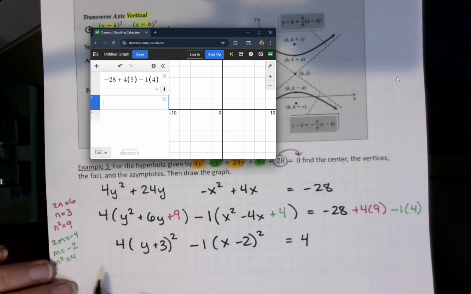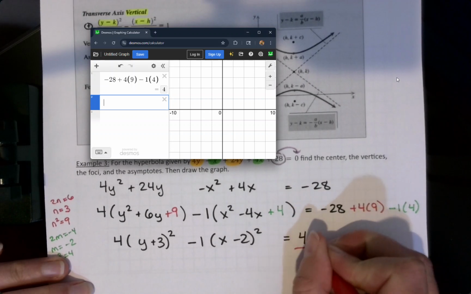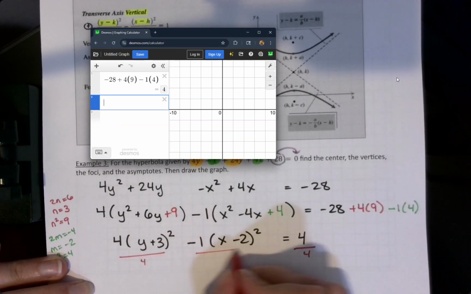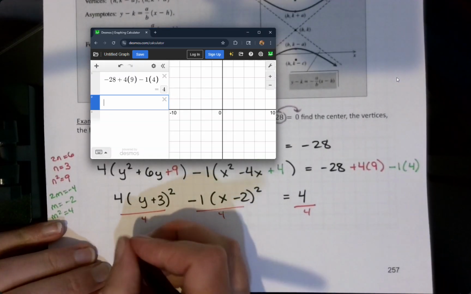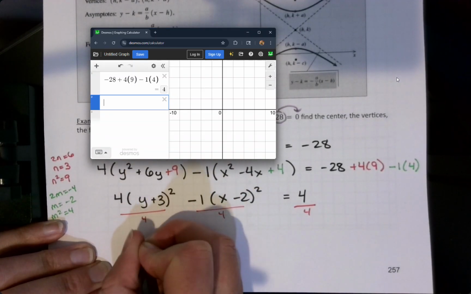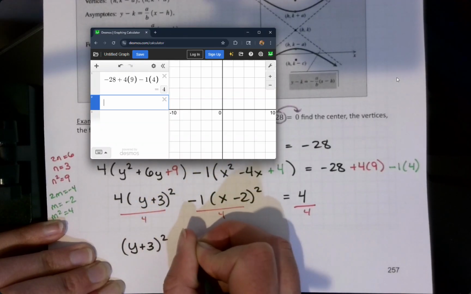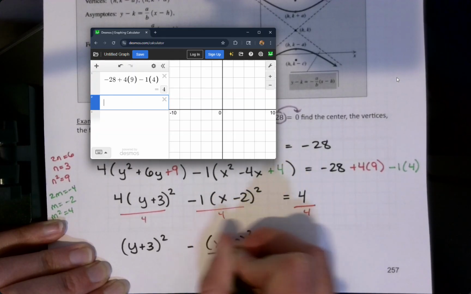Now that our squares are completed, we want to get this equal to 1, so we're going to divide that 4 off, on each individual piece. So they'll reduce here and give me y plus 3 squared minus x minus 2 squared over 4.